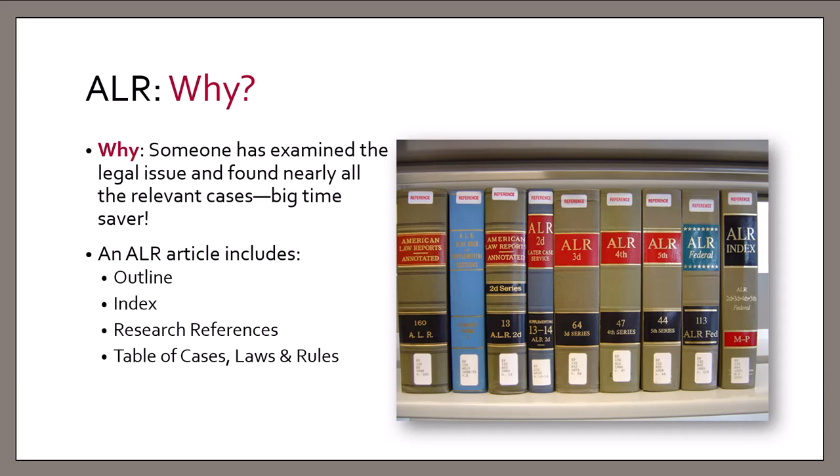Each article includes an outline broken down into very specific subsections for easy browsing, an index to help you find relevant parts of the article by keyword, research references, listing additional secondary sources such as encyclopedia entries, other ALR articles, and law review articles for further research on the topic, and perhaps best of all, a table of cases, laws, and rules that lists cited primary sources by jurisdiction to help you find how your particular jurisdiction has treated the legal issue in question.